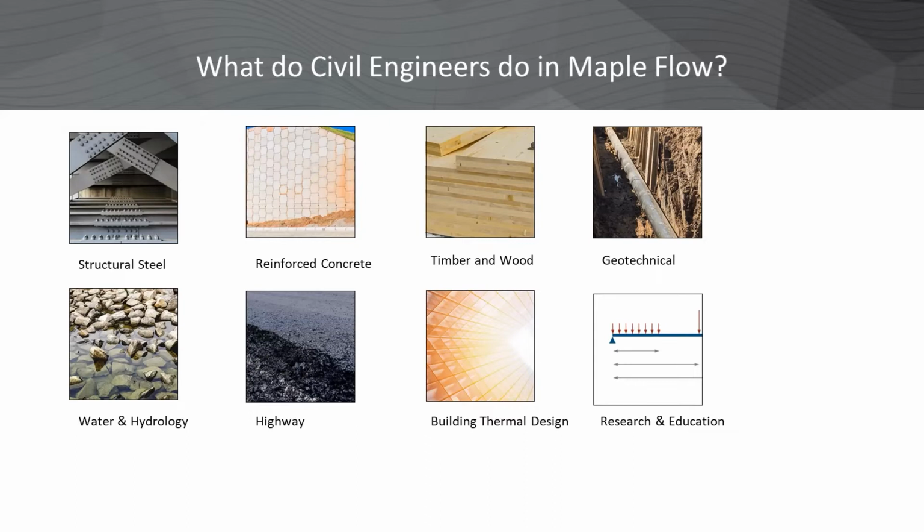They might be doing structural steel design, reinforced concrete design, timber engineering, geotechnical engineering, water and hydrology, transportation design, and so on. They might need to ensure code compliance for their calculations with readable, auditable calculation reports. They would probably need to deliver those reports to regulatory bodies or clients.